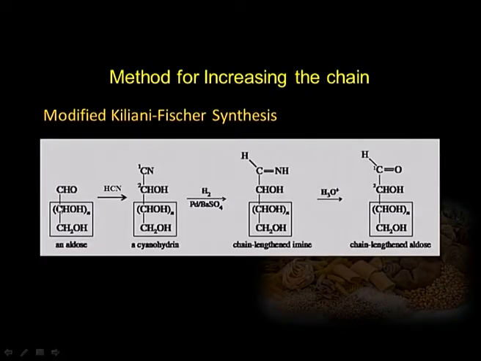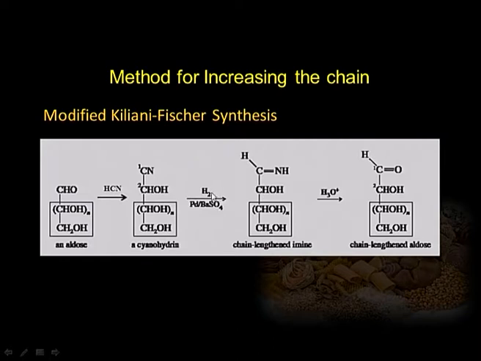Then I said that this Killiani-Fischer synthesis has been modified and simplified, that after the addition of HCN we get the cyanohydrin. Instead of hydrolyzing cyano to the carboxyl group, it is partially reduced in the presence of palladium containing a little barium sulphate which acts as a catalyst poison.